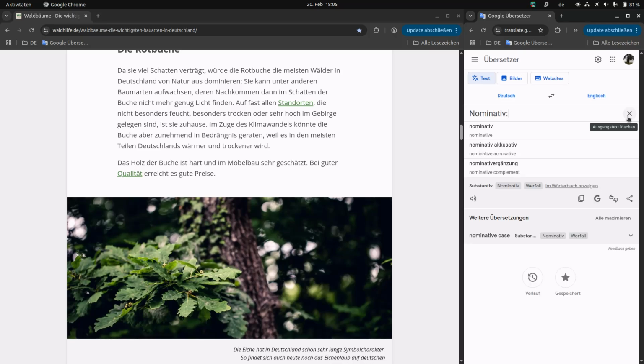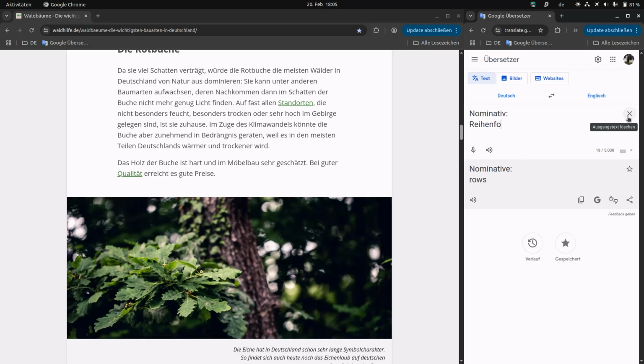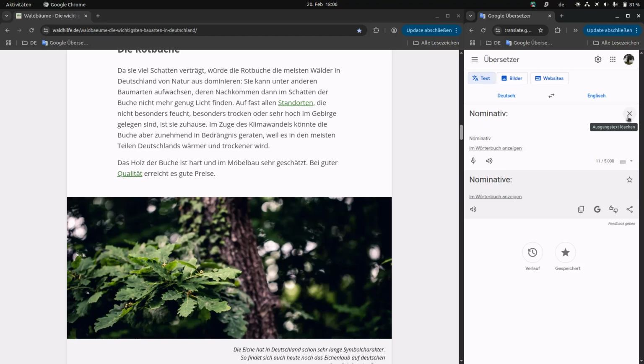Nominative. Then I'll just choose some random Reihenfolge, order, some random order. I think we all got to know it, like, I think it's dative or accusative and then genitive.